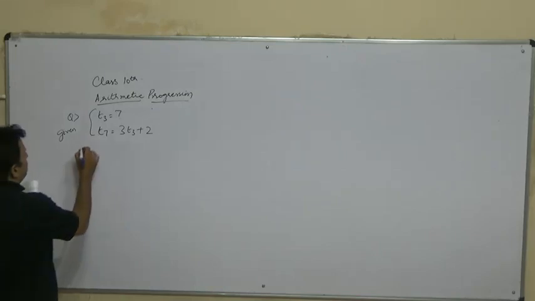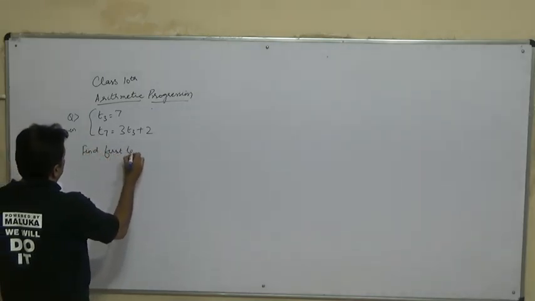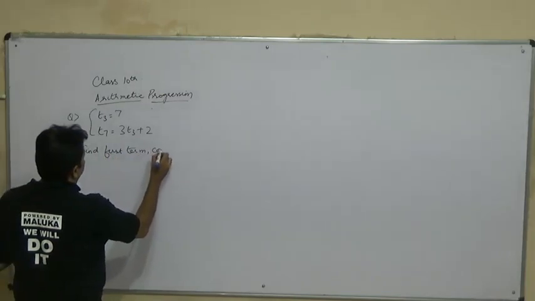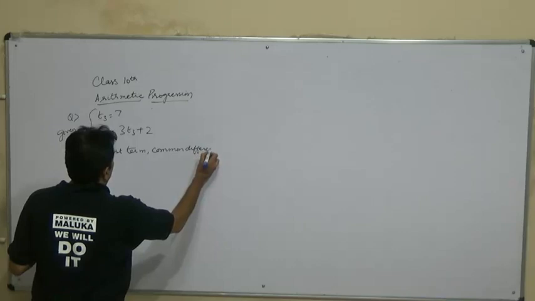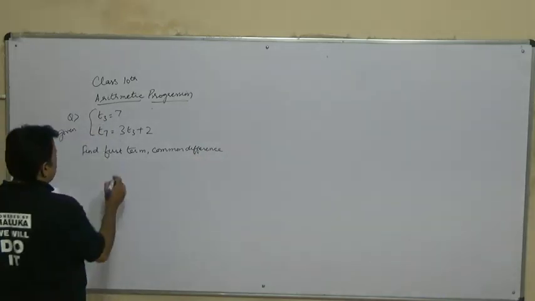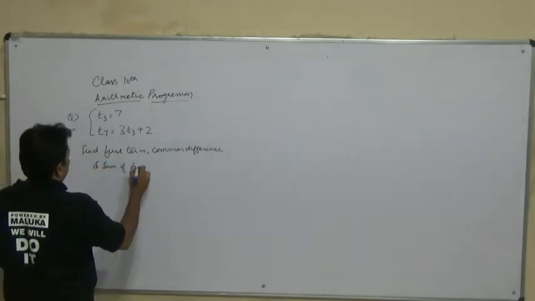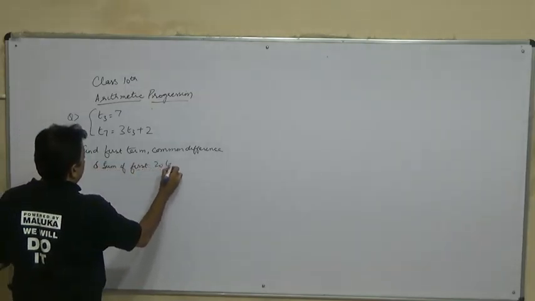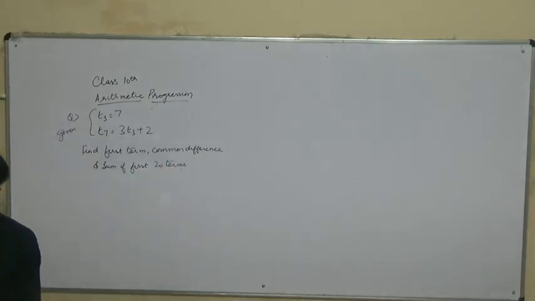Find what we have to find here: the first term, the common difference, and the sum of first 20 terms. So we start with what is given to us.